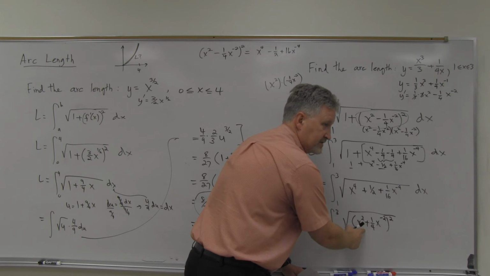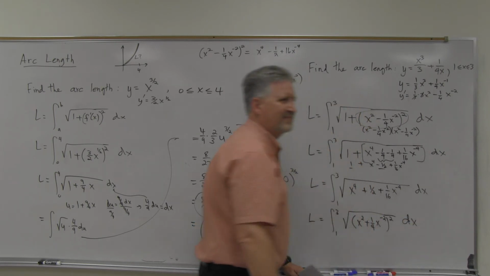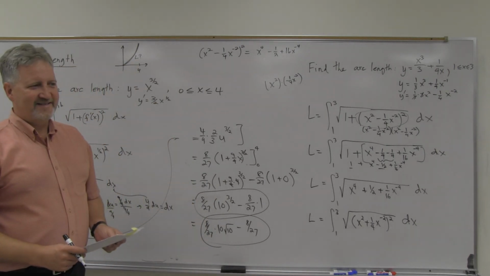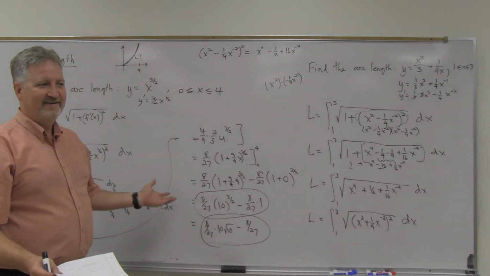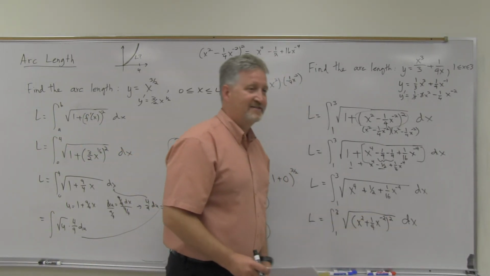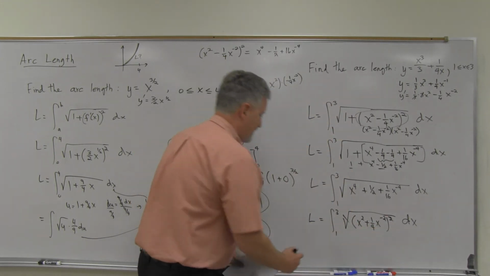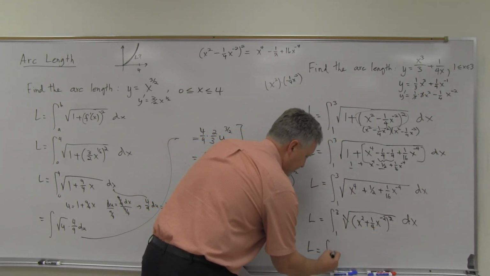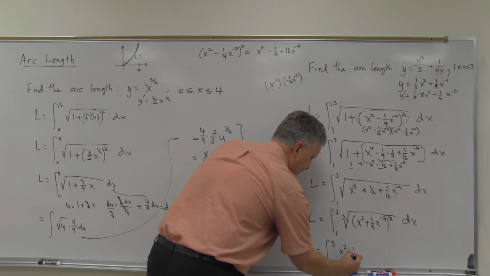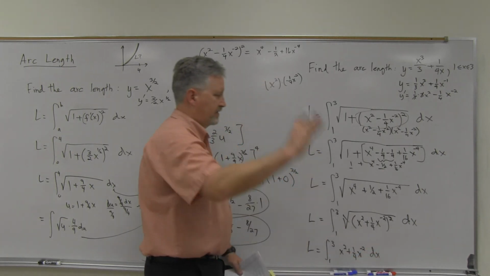So it's a plus instead of a minus there. Sneaky, huh? Because now that's beautiful, since you have the square root of something squared. The square root and the square cancel out. And so you've got L equals just the integral from 1 to 3 of x squared plus 1/4 x to the minus 2 dx. Get rid of the square and the square root.